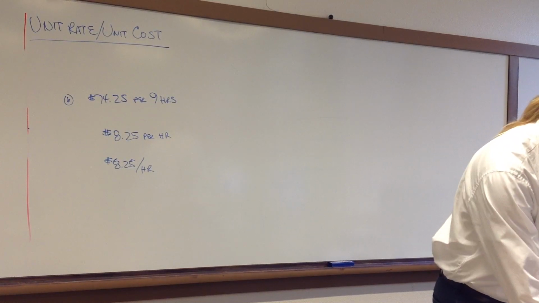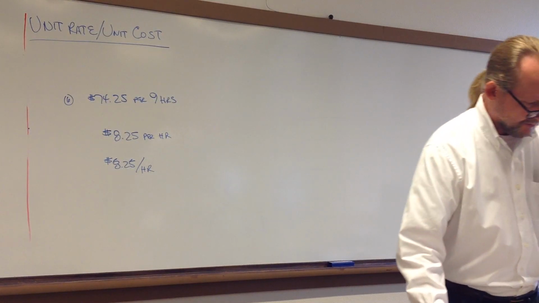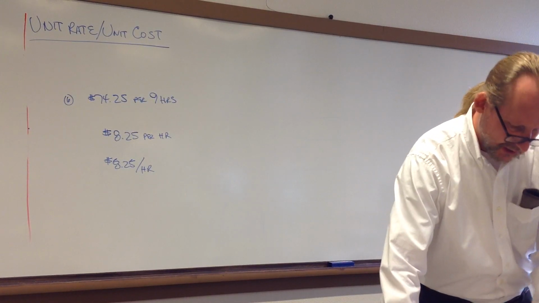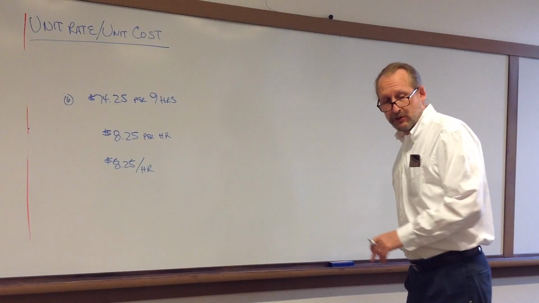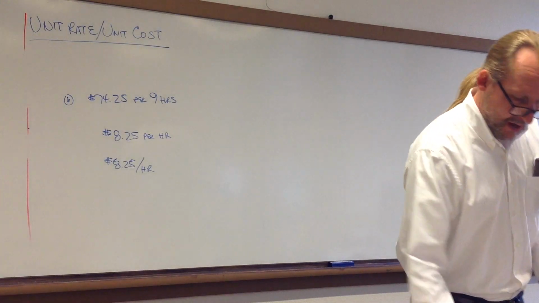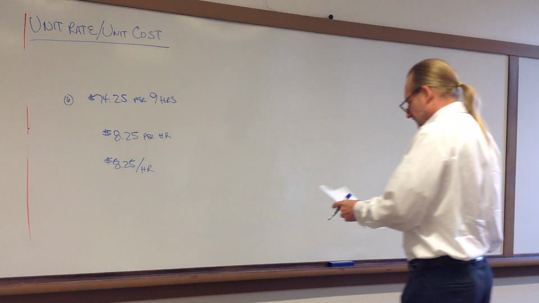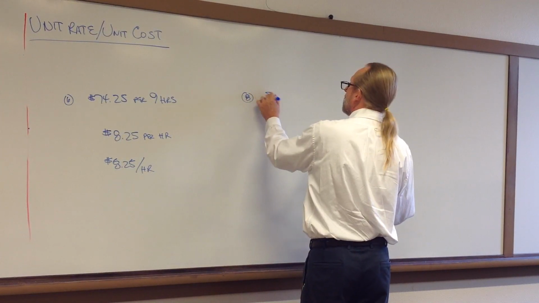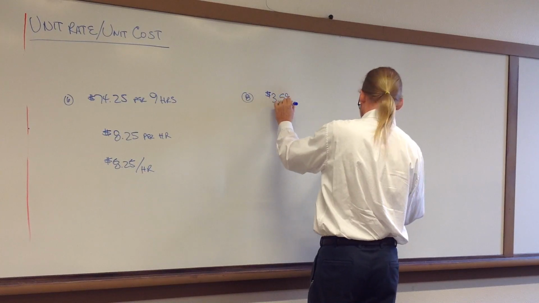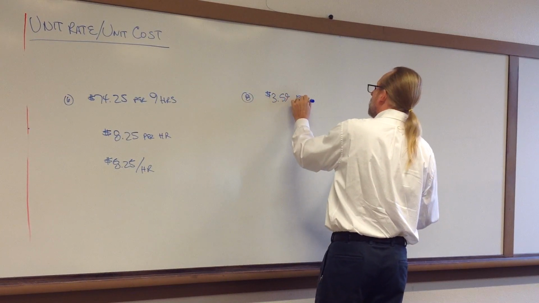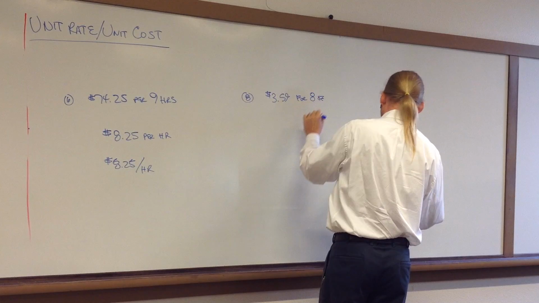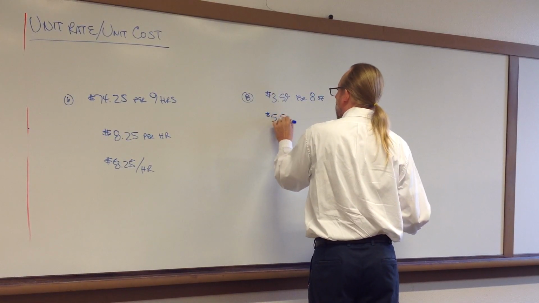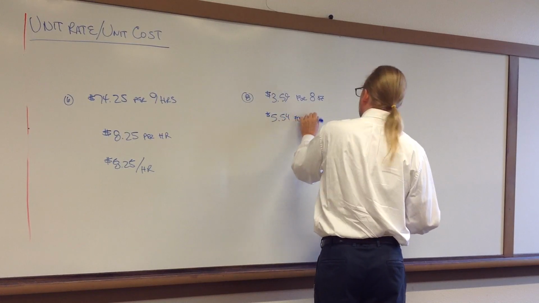All right. Now, problems 8, 10, and 12 all say determine which is a better buy, which has the lowest unit cost. Okay? And again, the idea here, so in problem 8, we've got $3.59 for 8 ounces, and then $5.54 for 12 ounces.